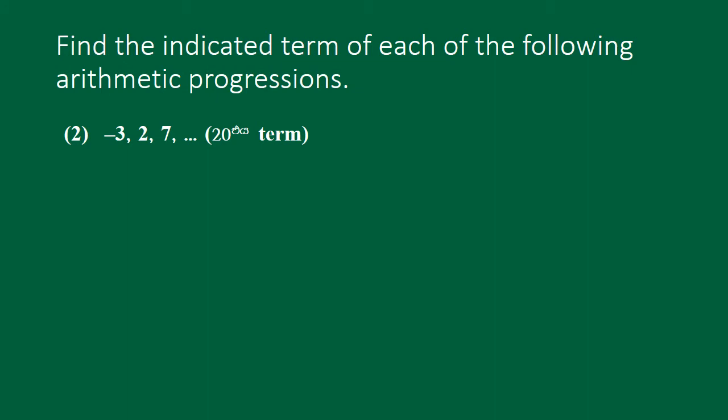Here, find the indicated term of each of the following. Here you have to find out the 20th term, right? You know a is minus 3, and d is 2 minus 3, that is 2 plus 3, and d is 5.